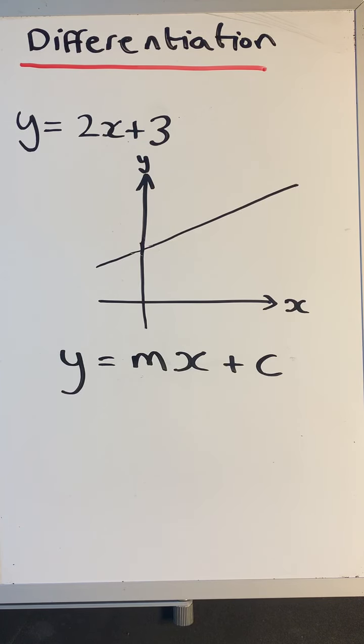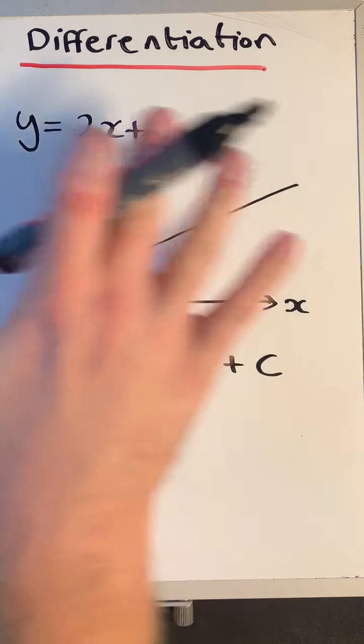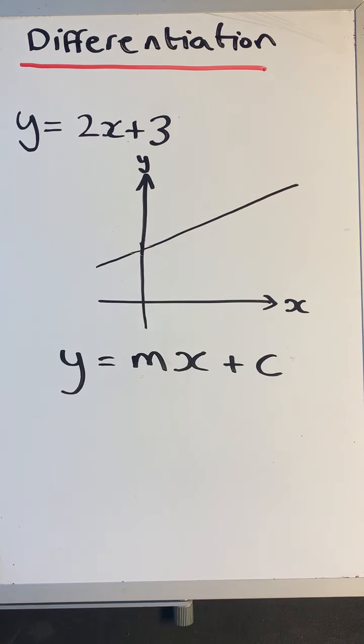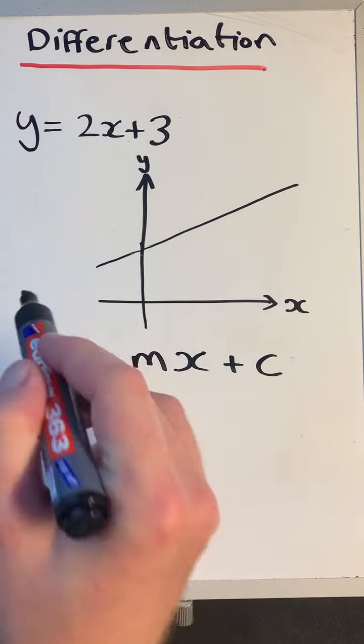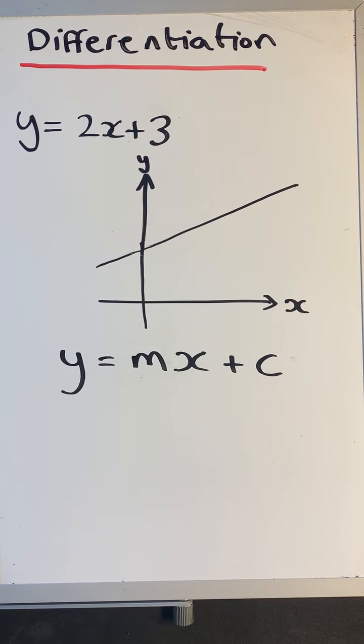What we're actually looking at in terms of the pure mathematics aspect of it, when we're looking at a function on a set of axes, is the gradient of a function. The gradient is a rate of change of the coordinates along this function.